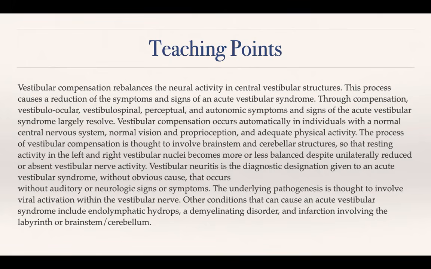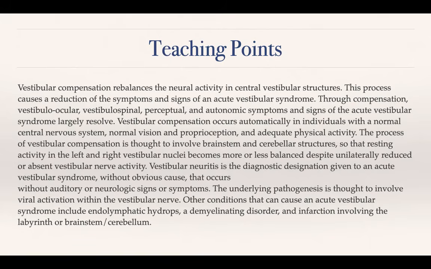Bed rest is counterproductive. We need to actively encourage patients to start moving around, and that has to be emphasized again and again. The process of vestibular compensation is thought to involve brainstem and cerebellar structures so that resting activity in the left and right vestibular nuclei become more or less balanced despite unilaterally reduced or absent vestibular nerve activity.